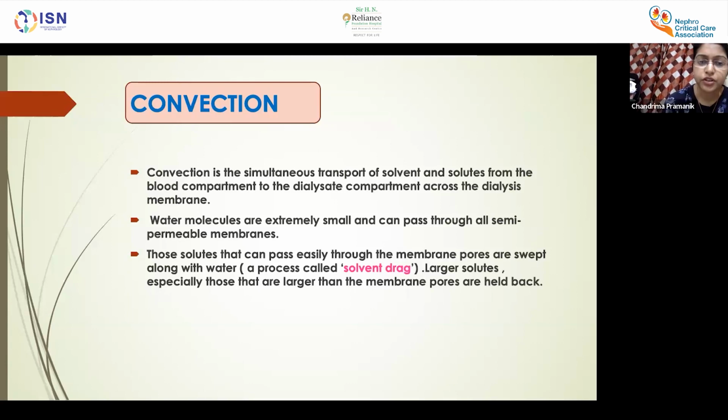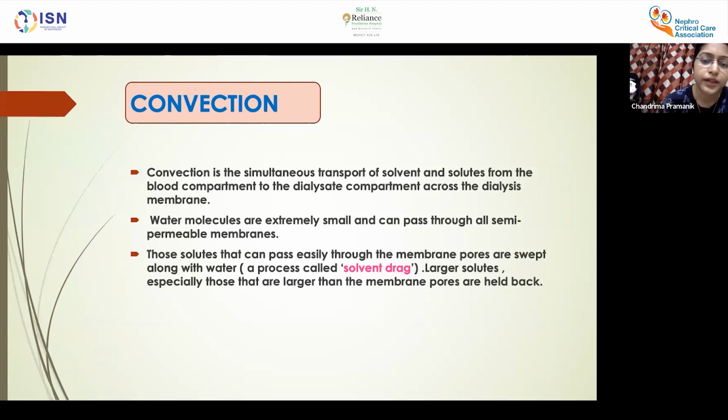Next is convection. Now, what is convection? Convection is the simultaneous transport of solvent and solute from the blood compartment to the dialysate compartment across the dialysis membrane. Here the semi-permeable membrane acts as a sieve. Water molecules, since they are extremely small, can pass through the sieves of the semi-permeable membrane.